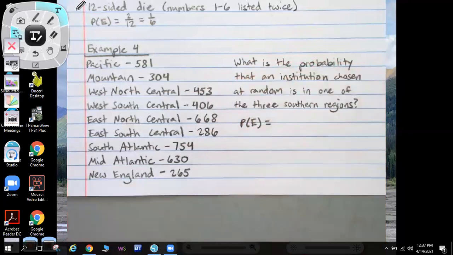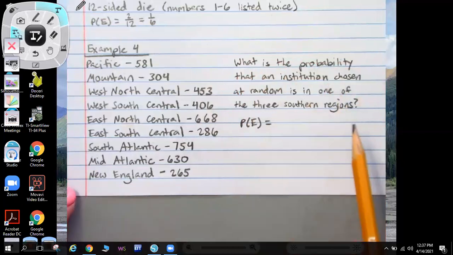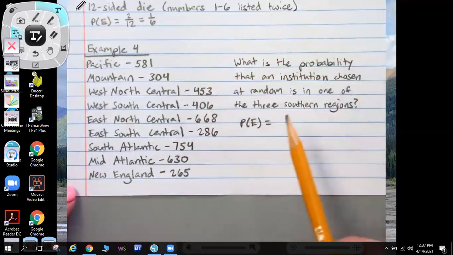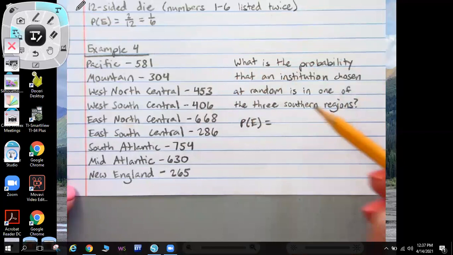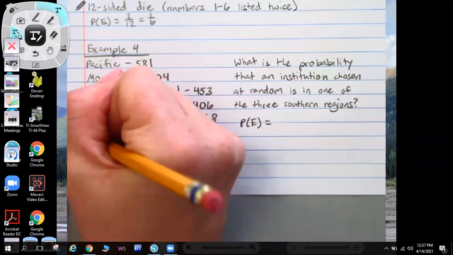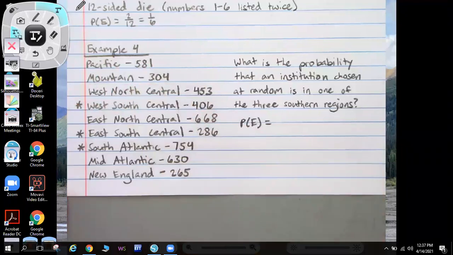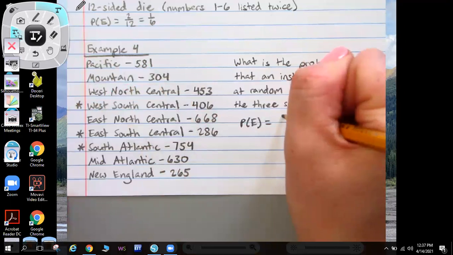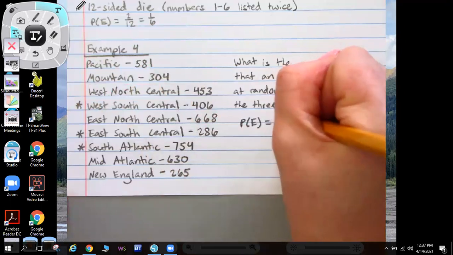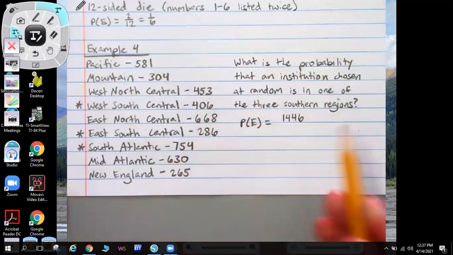Okay, so the probability of this happening, in the numerator, we need to total the number of colleges and universities that are in the 3 southern regions. So that would be West South Central, East South Central, and South Atlantic, 1446. So that's 406 plus 286 plus 754 in the numerator.